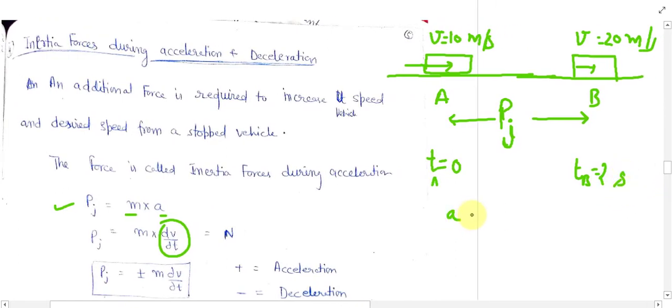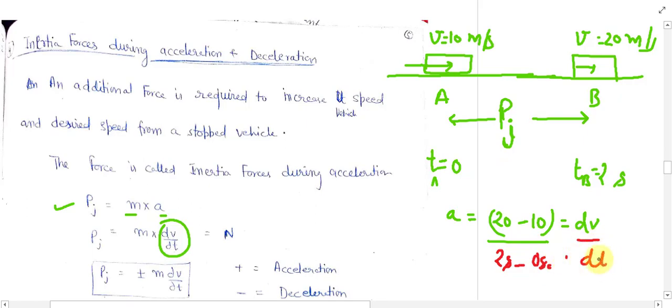So your acceleration, dv upon dt, will be 20 minus 10 over 2 seconds minus 0 seconds, and this is your dt.